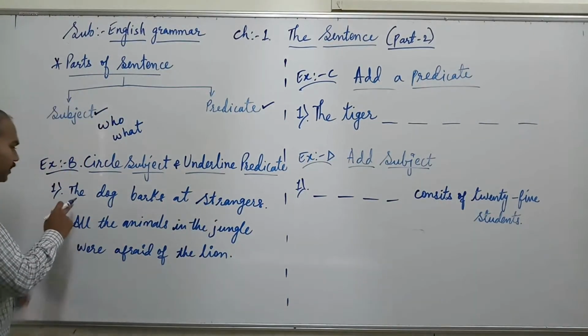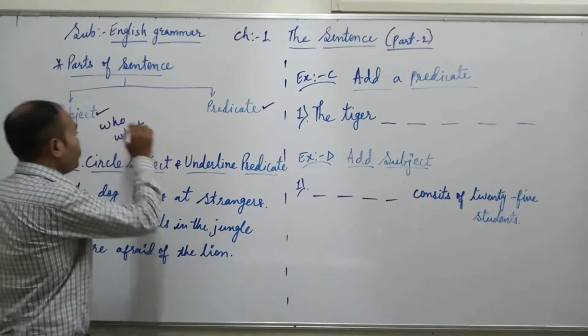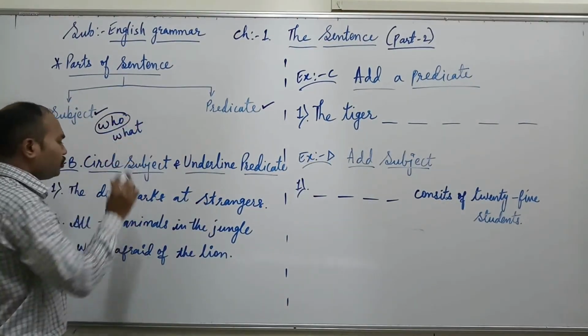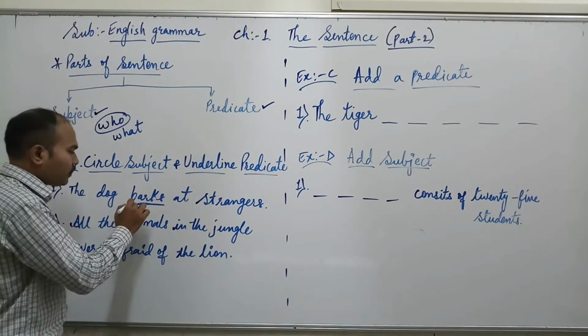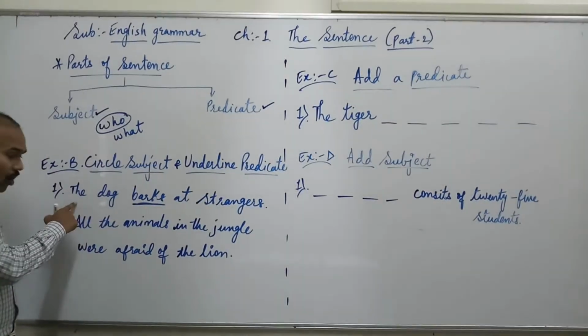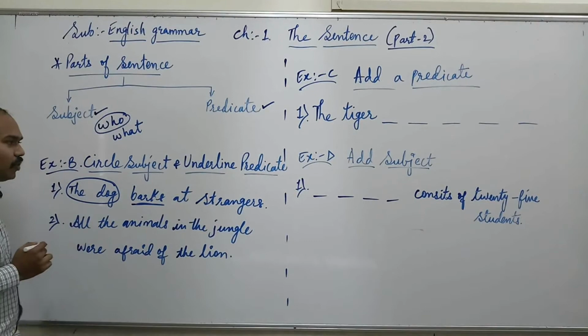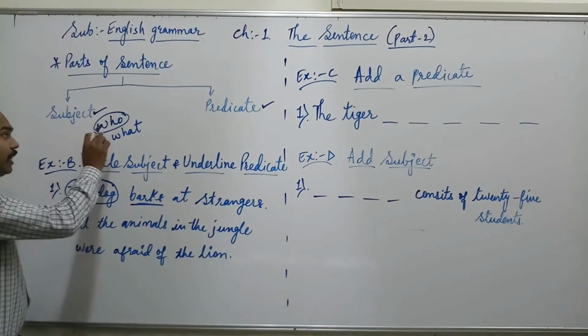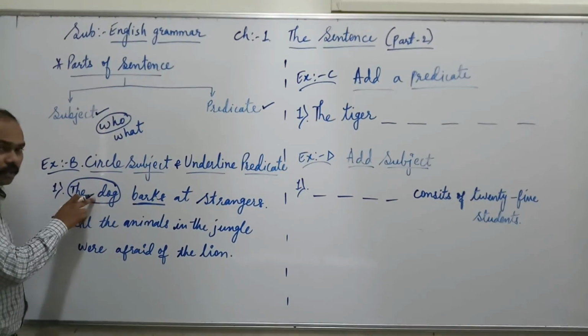Let us see with the example. The dog barks at strangers. If I use this word and ask a question, who barks? Or I ask, who barks at the strangers? And the answer is the dog. So the dog is your subject over here. With the help of these two interrogative words we can find out the subject.